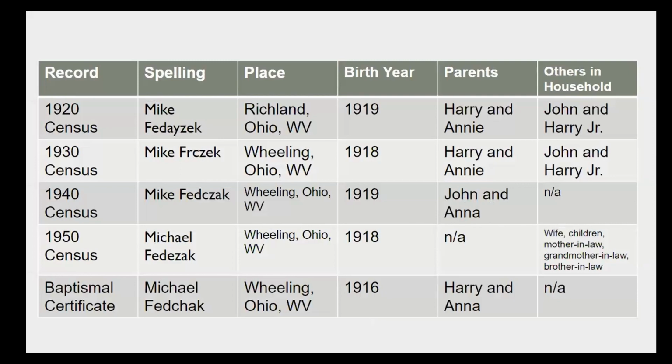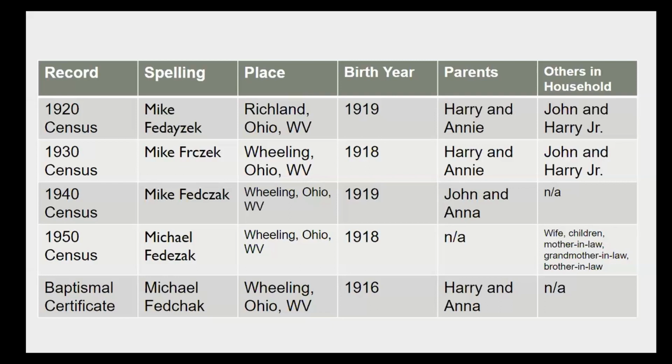Across these documents, there are some inaccuracies with the spelling of the surname. The 1940 census is the only time where the last name is spelled correctly. In terms of locations, birth year, and the listing of his parents being Harry and Anna, we see consistency. There is one census entry that falsely lists his father as John, so that's our outlier.